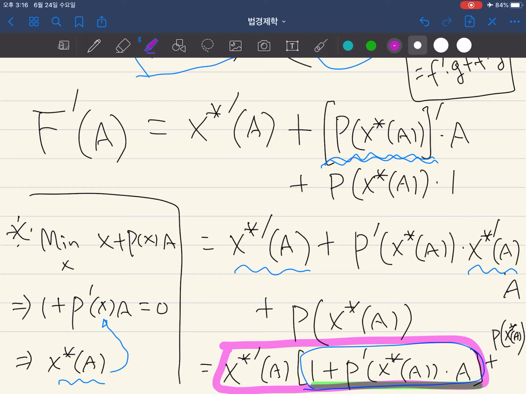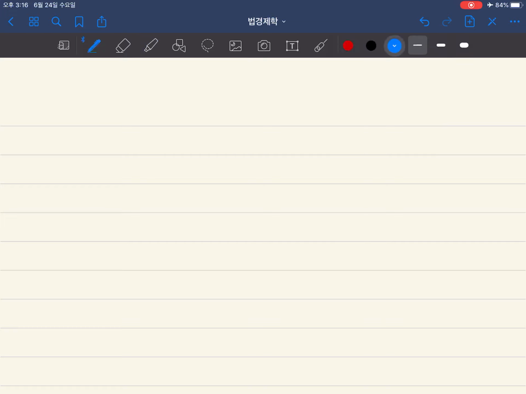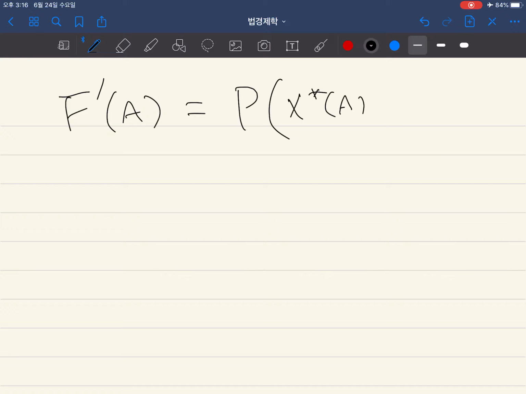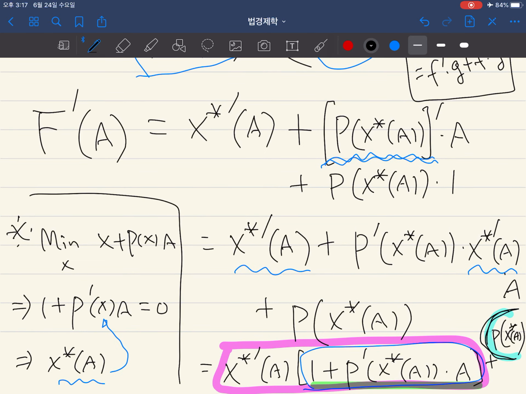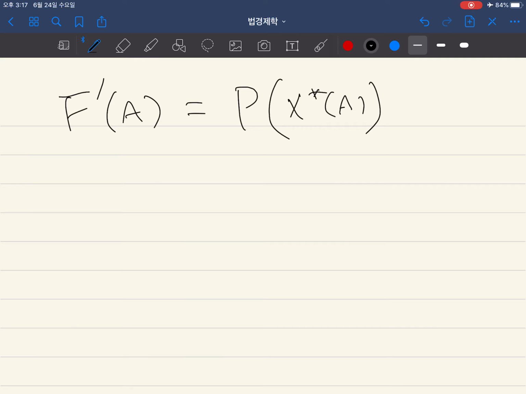So in the end, we just have this blue expression. And as you can see, this is a probability, so this is positive.